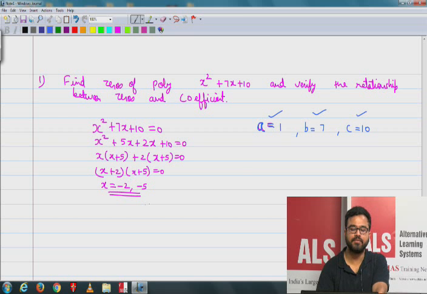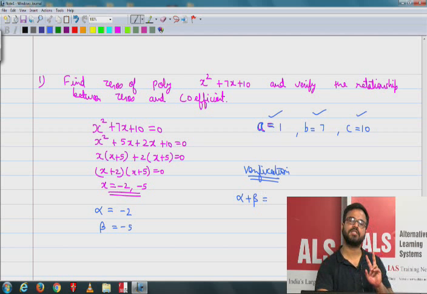Let's say they are denoted by alpha and beta. So alpha is equal to minus 2 and beta is equal to minus 5. Now, how do we do the verification? First I will take the sum of zeros, so alpha plus beta. Two types of verification will be there, product and sum.